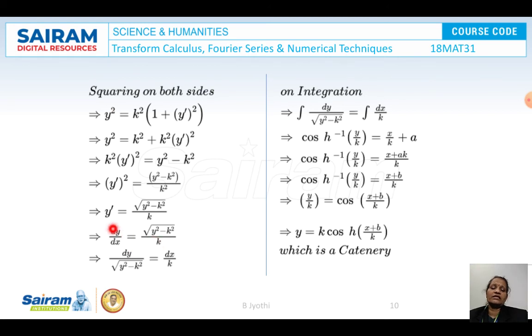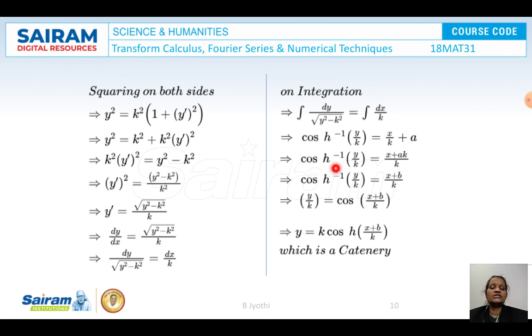Instead of writing y dash, we can write it as dy by dx, so that the variables can be separated. So dy by root of y square minus k square equals dx by k. Now do the integration, and we know that the integration of 1 upon root of y square minus k square is given by cosh inverse of y by k, and the right hand side integral of dx is given by x by k plus a, the constant of integration.